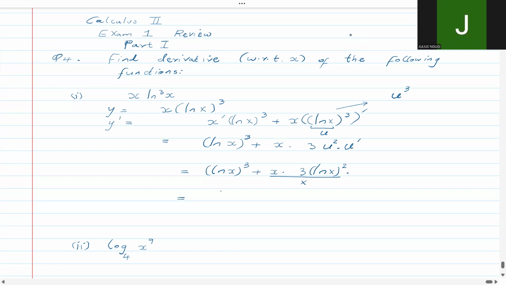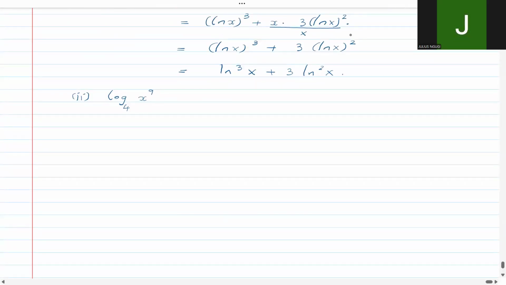So the result becomes (ln x)³ plus 3 (ln x)². That's the answer to number 1. Or you can write it in this form: (ln x)³ plus 3(ln x)².